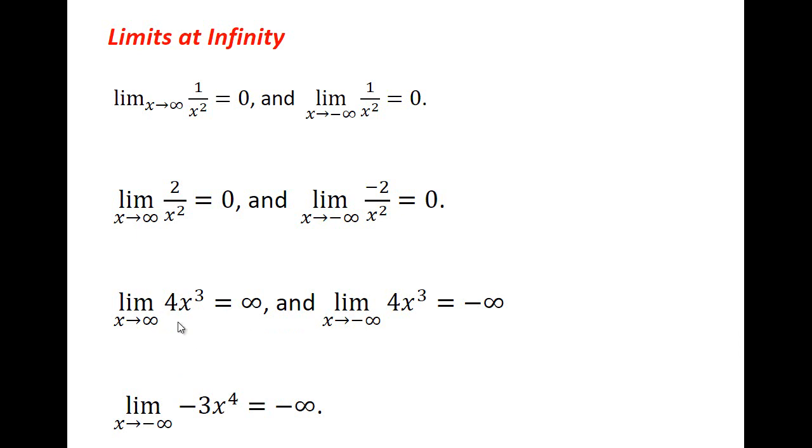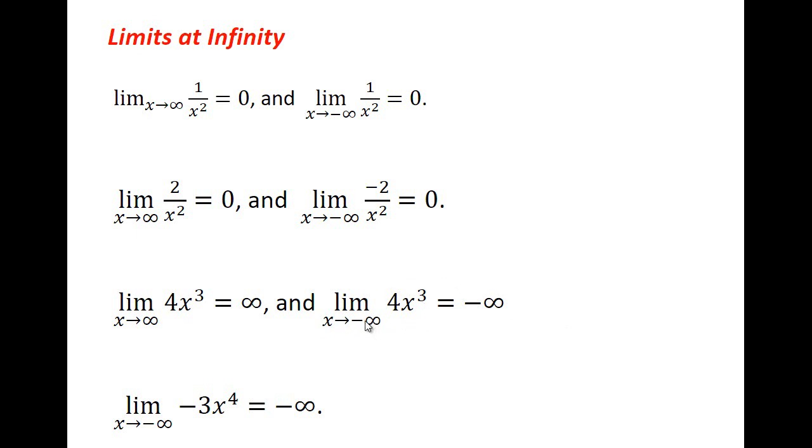Now, if I look at the limit of 4x cubed as x goes to infinity, here we are saying x is becoming large, right? So if x becomes large, then x cubed is becoming large. So then the limit would be infinity. So 4x cubed will become large without bound. If x is becoming large in the negative direction, then when x is large and negative, x cubed is also large and negative.